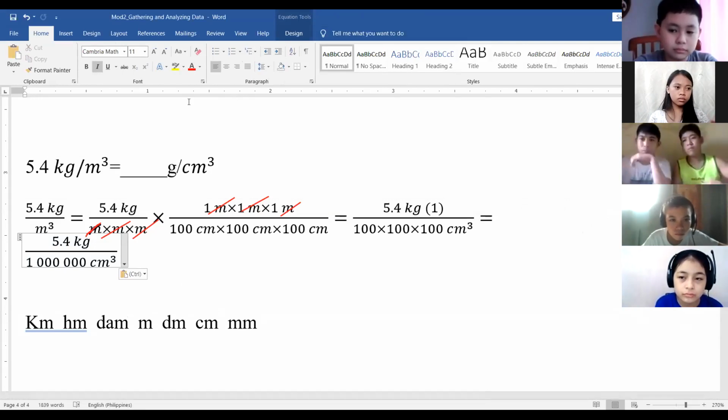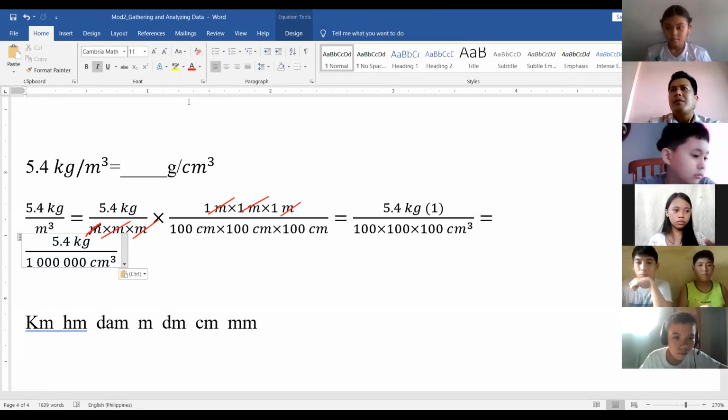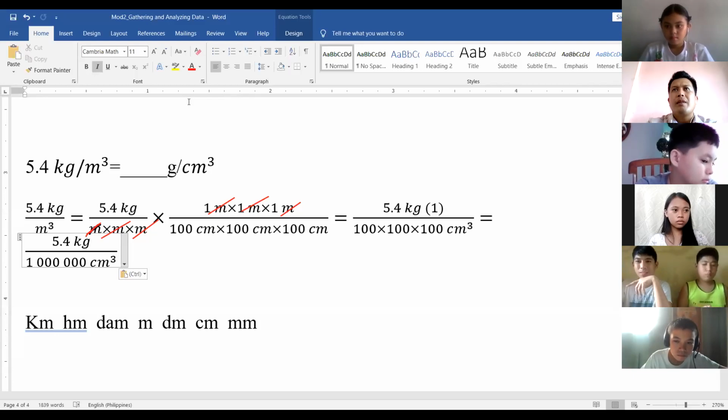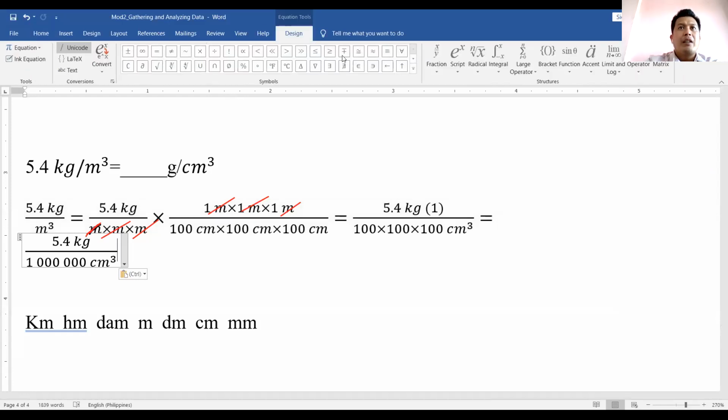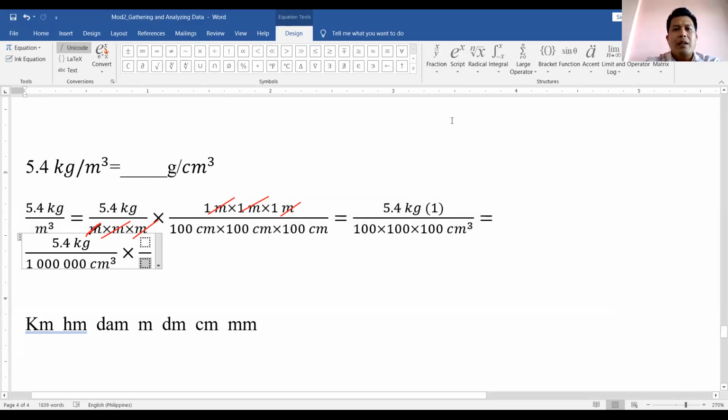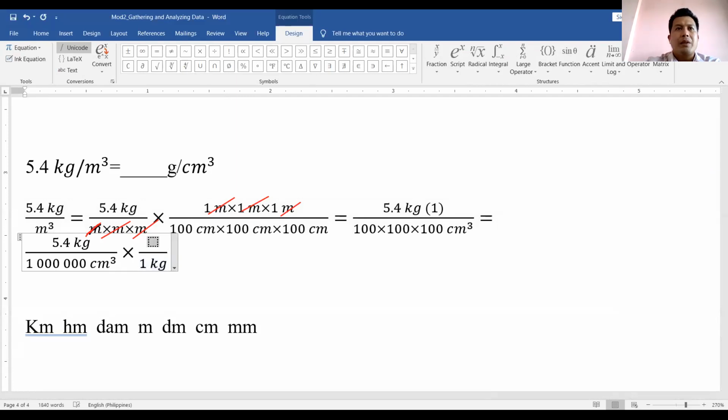Yes? Question? Someone? Never mind. So let's proceed. So this one will still be calculated so that we can arrive at the grams. So we have here the conversion of kilograms to grams. 1 kilogram is equal to 1,000 grams.